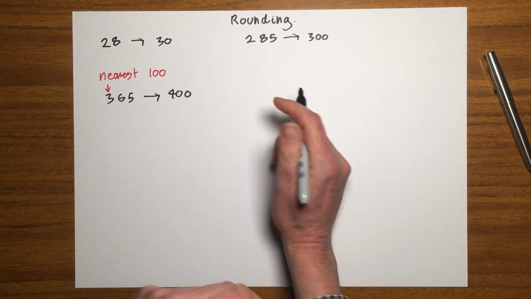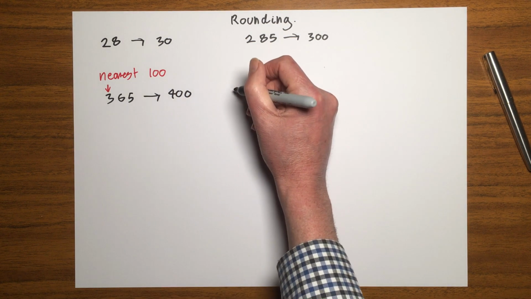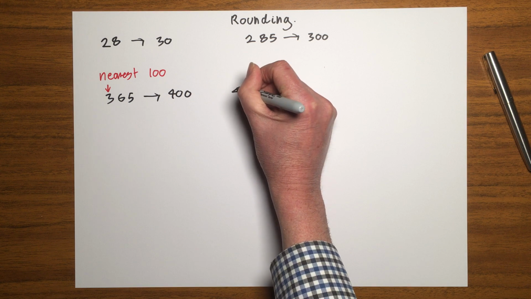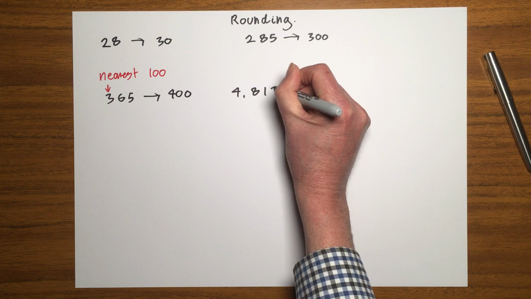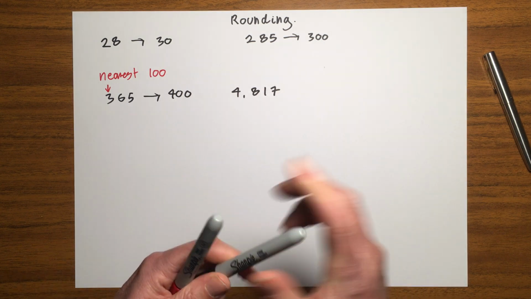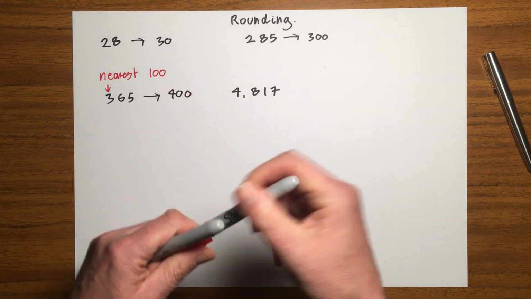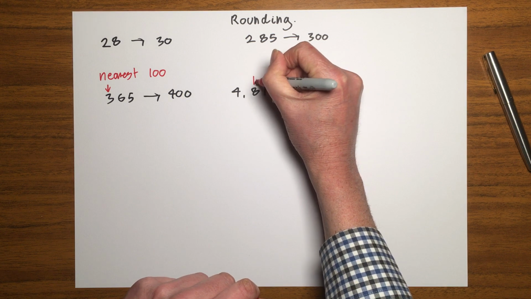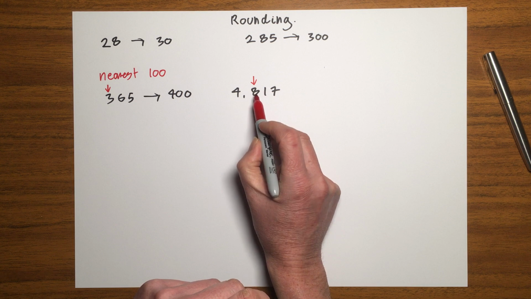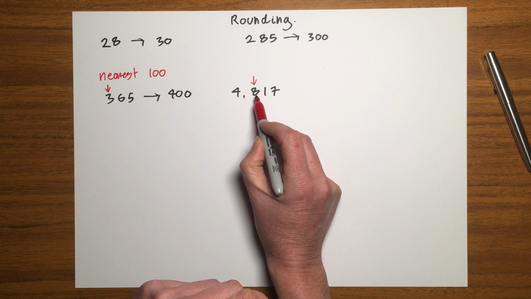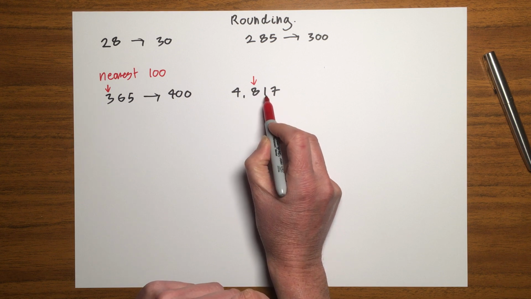Let's have a look at another example. And this is especially useful, this technique, when you've got larger numbers. So if I've got 4,817, remember, the first thing to do, it's to the nearest 100, so let's put an arrow above that 800, because that is what I'm rounding to, the hundreds column. Then go to the next column, the tens, and I've got a 1 here.